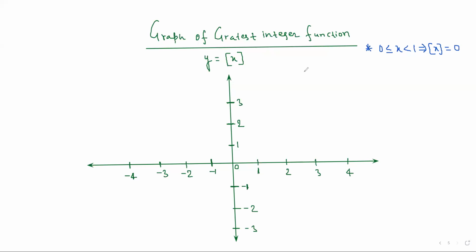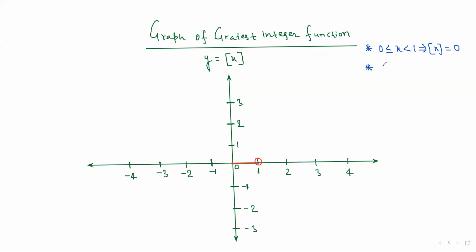So when x lies between 0 to 1, the greatest integer function of x will always be 0. The graph starts from 0 and goes up to 1. But one important thing is that at 1 the graph is not included. The graph is vacant.